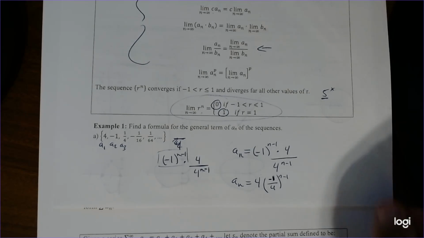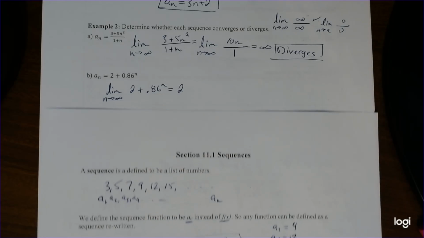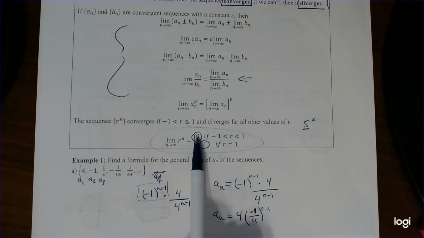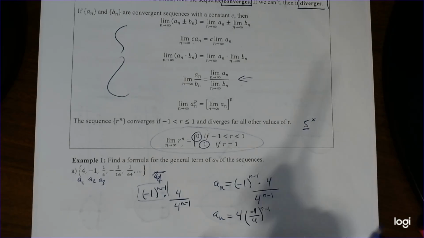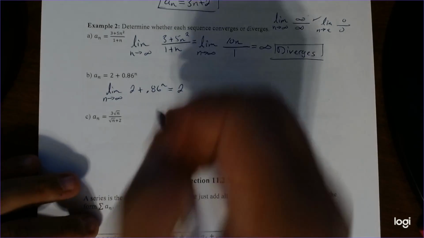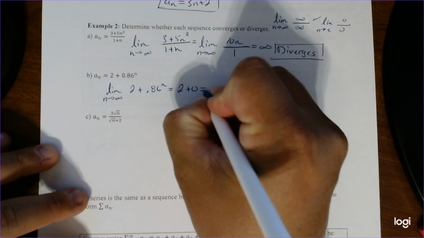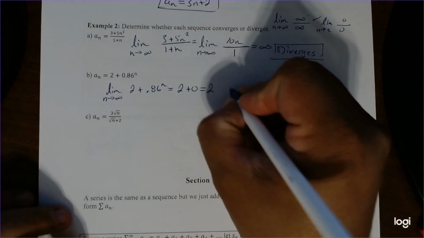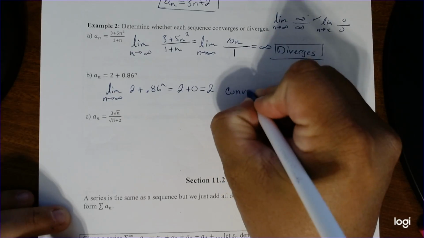So notice that we have this situation happening there. 0.86 is between -1 and 1. So therefore, the limit is actually 0 itself. So if we go back over here, this is equal to 2 plus 0, or just 2. So it goes to a single number, so therefore this converges.